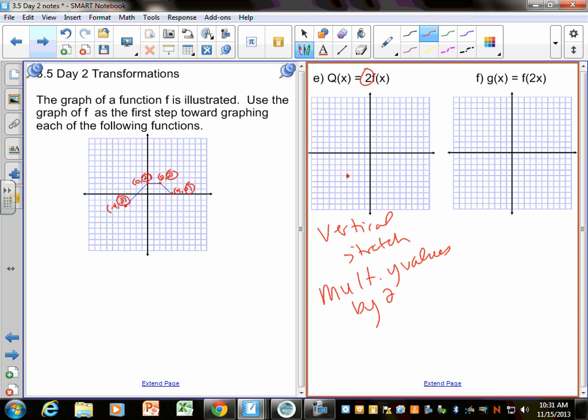If that was a 4 up there, you multiply by 4. So now that's going to stretch and become 0, 4. That's going to become 2, 4. And is 4, 0 still going to stay at 4, 0? Yep. When I take 0 times 2, it's still 0. But the rest of this has been stretched.